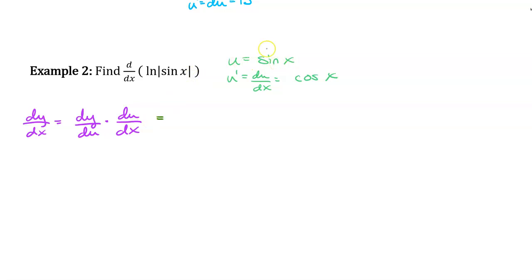Well, if u is sine x, then y all of a sudden becomes the natural log of u. So dy du would be 1 over u. So 1 over u times du dx, or u prime, would be cosine of x.